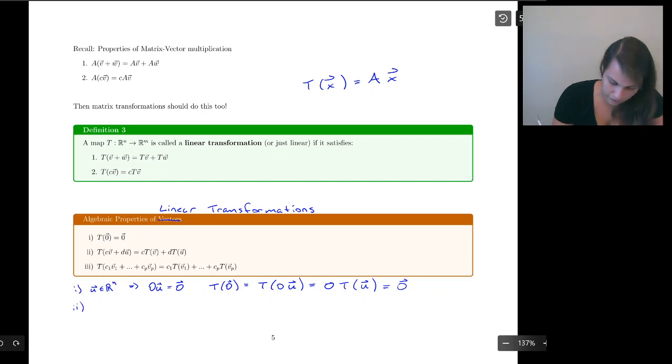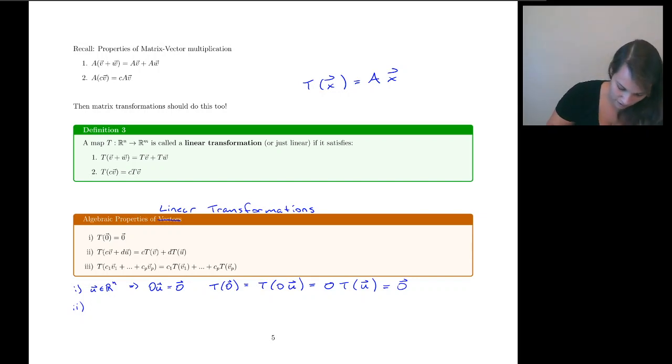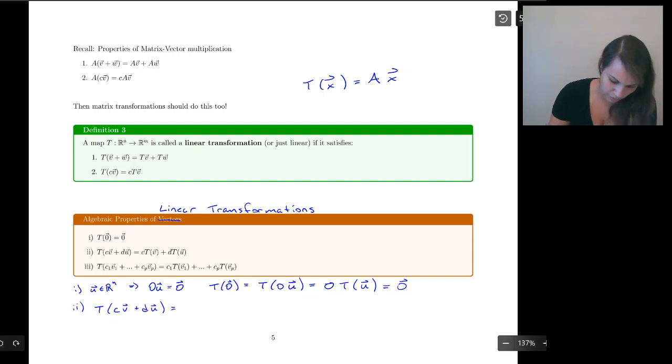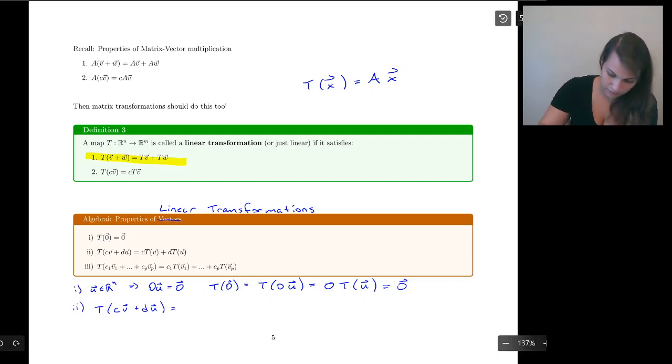Property 2, we're going to use some of the above things that we just discussed in definition 3. So we've got T of CV plus DU. And we can break that sum up by property 1.